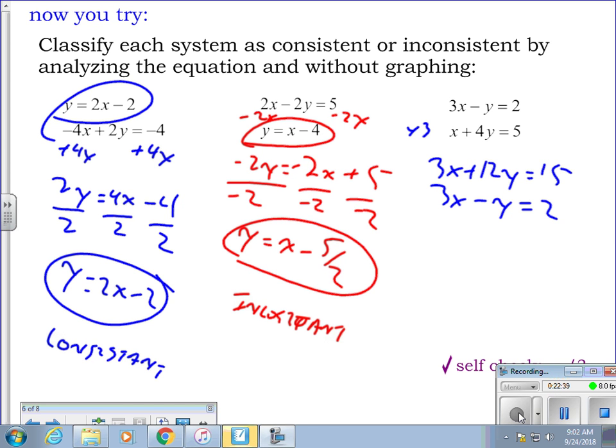Those are not the same equations. They do not have the same slopes. To have the same slopes, the x's and y's would be the same. Two parallel lines in standard form have the same x's and y's, but the number on the other side is different. These lines cross each other. This is consistent.